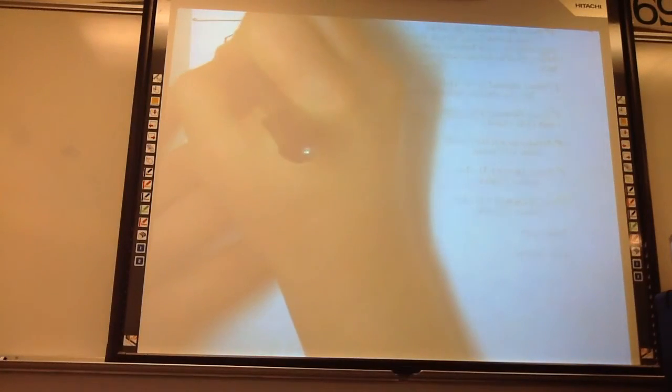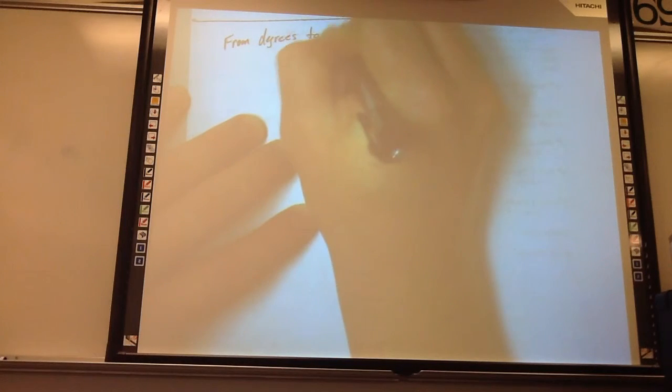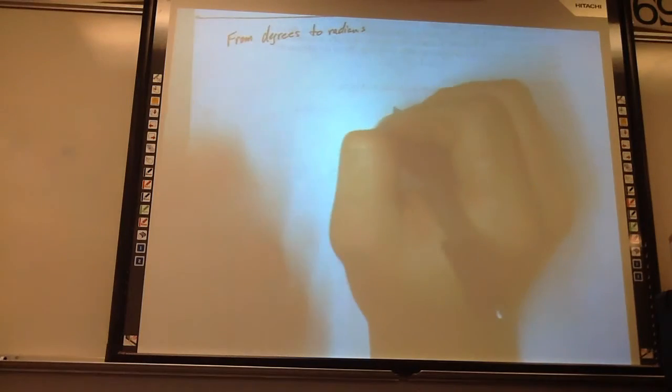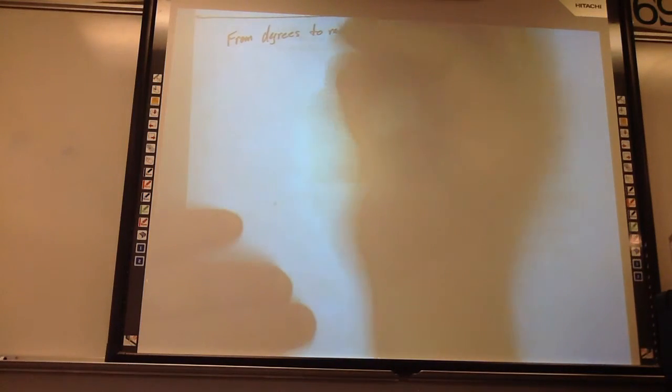Okay, if you want to convert from radians, or we can go either way first. Let's go from degrees to radians. Simple. You multiply by pi over 180.